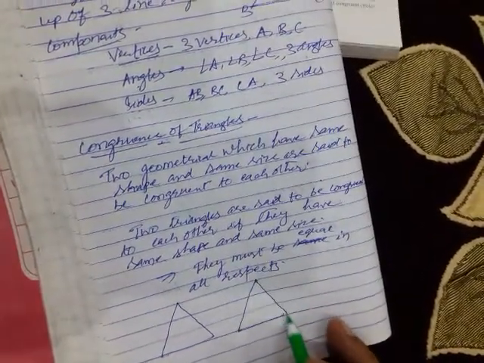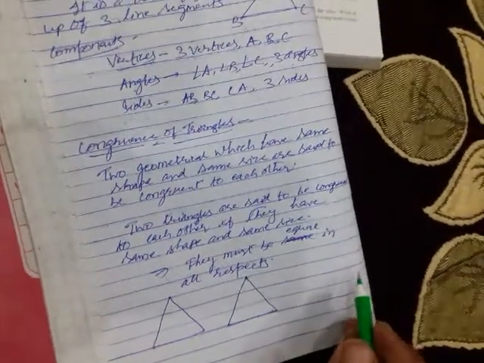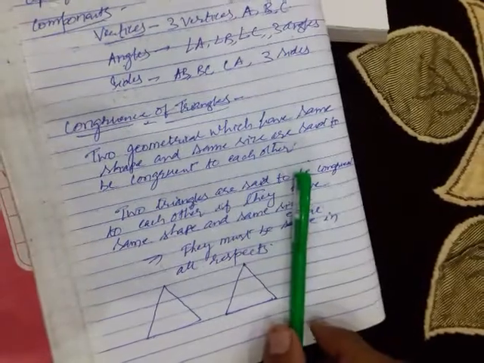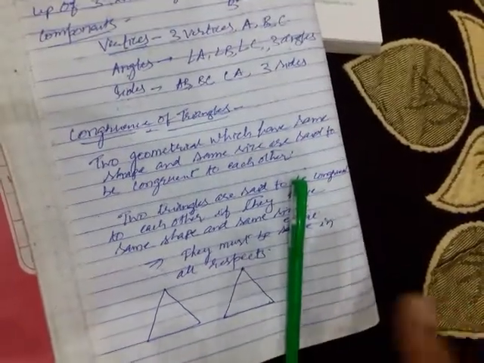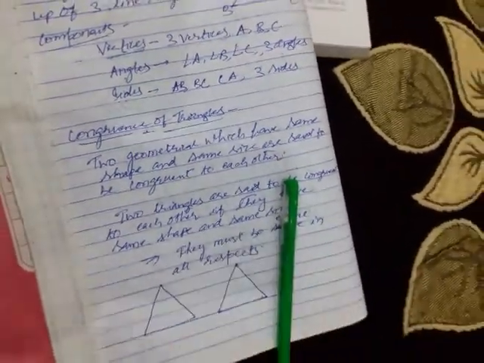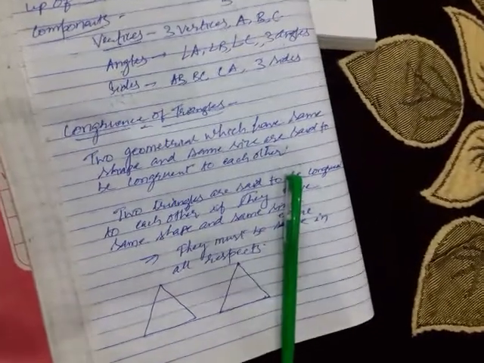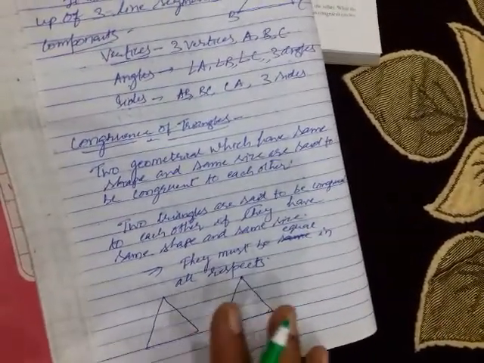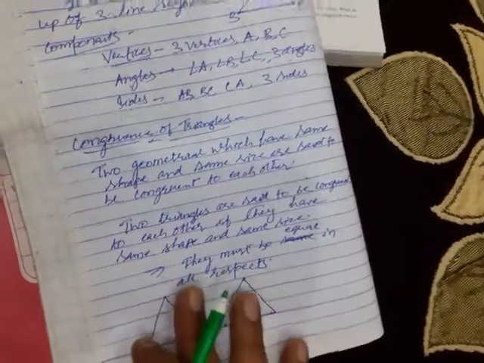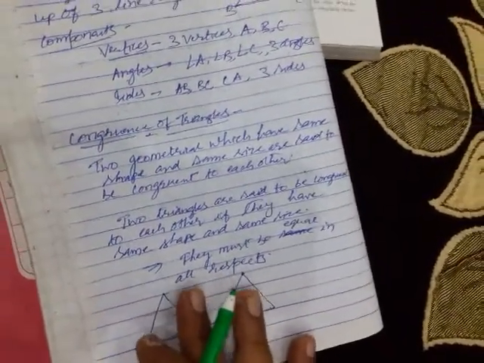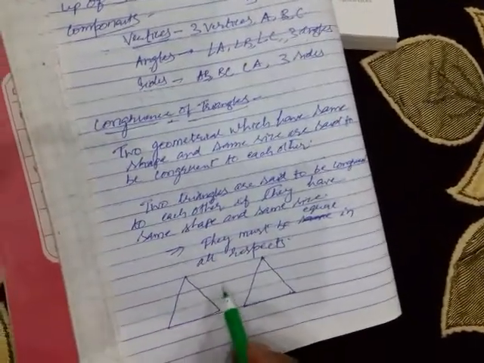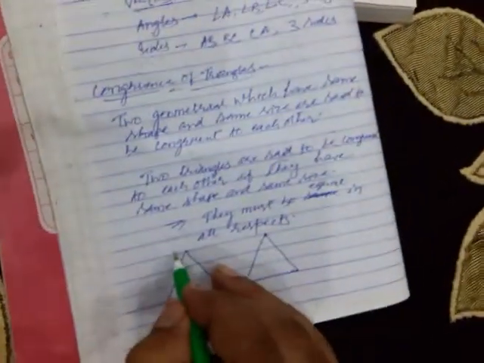Actually we can say it in another way: if a triangle is made to superpose the other, then no part of any triangle is displayed outside. Means one is covered by the other completely and the other is covered by the first completely, so no extra part is seen. Then we say that two triangles are congruent.